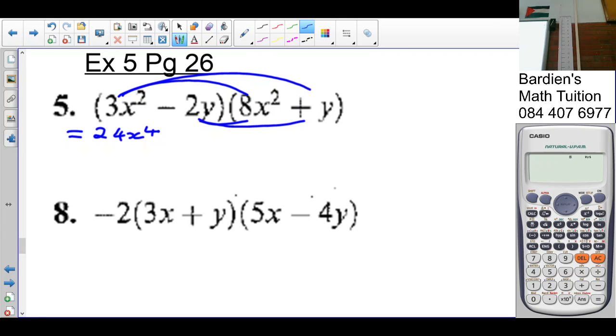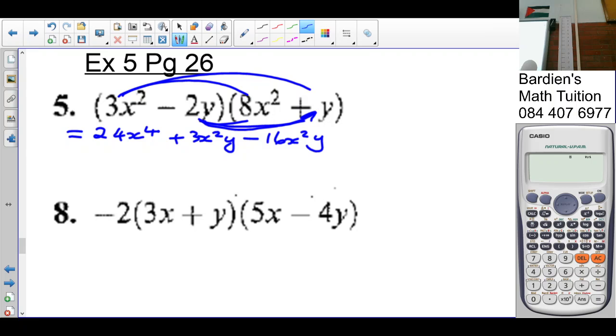Okay, who's asking this question? Right, carry on. Y squared. Okay, carry on. 6, yes? Now you see here, you never multiplied negative 2y by y.